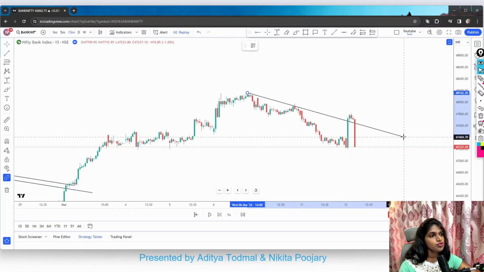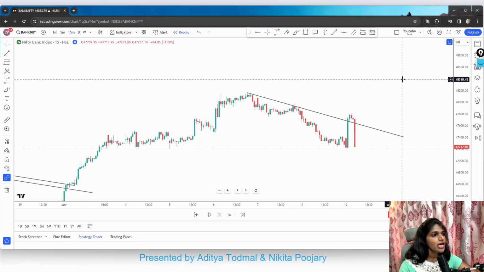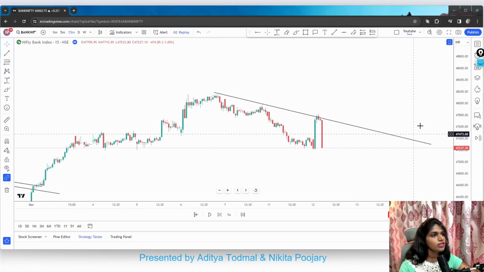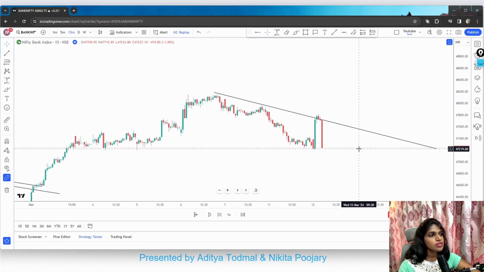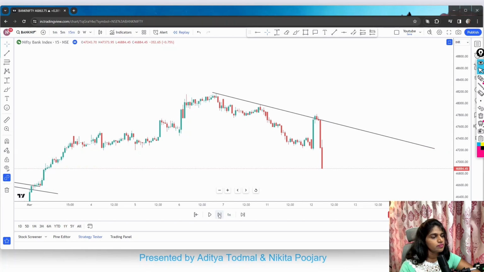I need a basic minimum of two touch points, right? So I got this touch point and this touch point, and I'm breaking here a few bodies. That is perfectly fine. Whenever I'm going to draw a trend line, I'm going to extend it a bit. The reason for the extension is I need to see, if the prices try to touch here, whether it is going to again take resistance from this particular trend line. So let's move candle by candle.